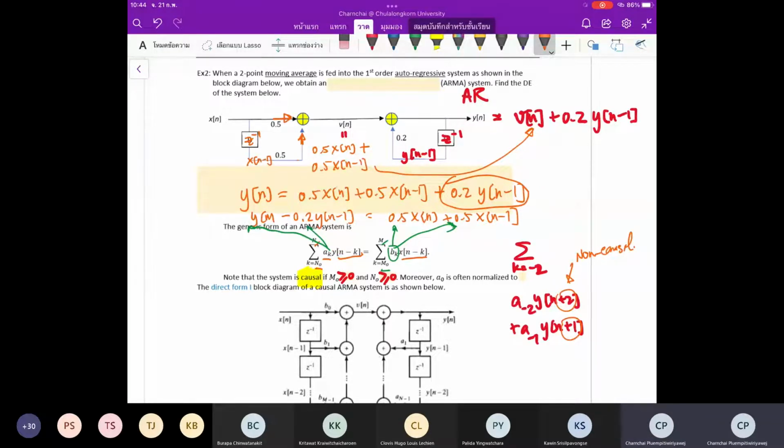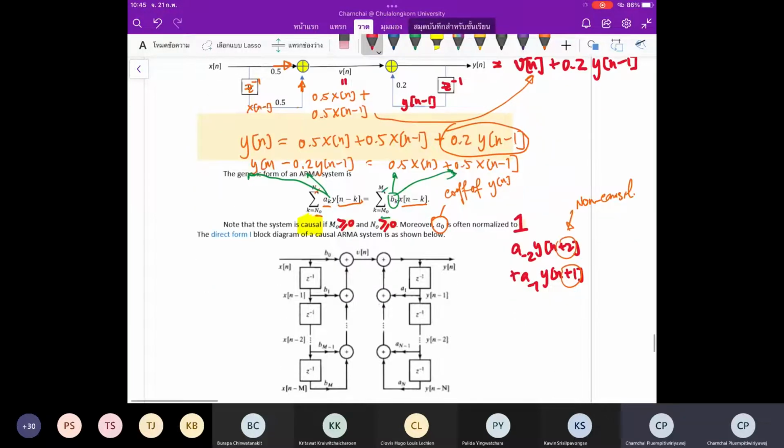And a lot of times we normalize it so that a_0, which is the coefficient of y[n], is normalized to 1.